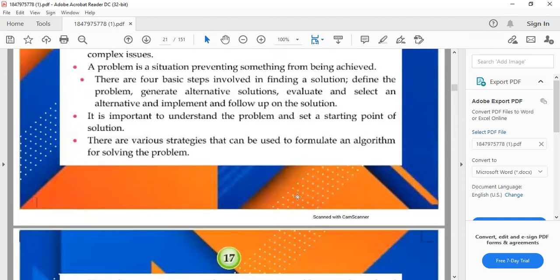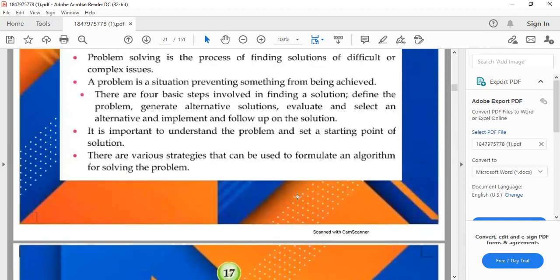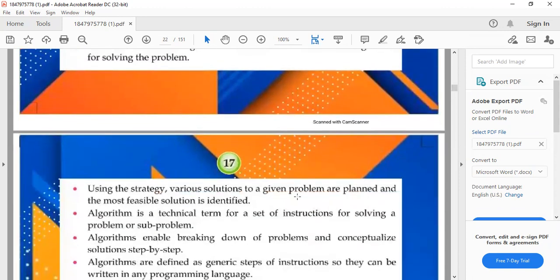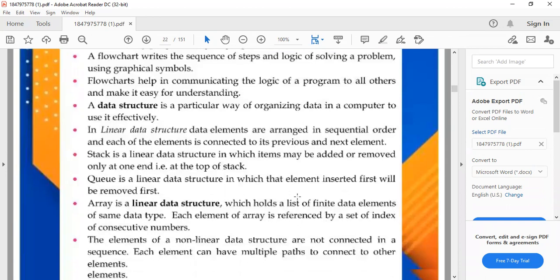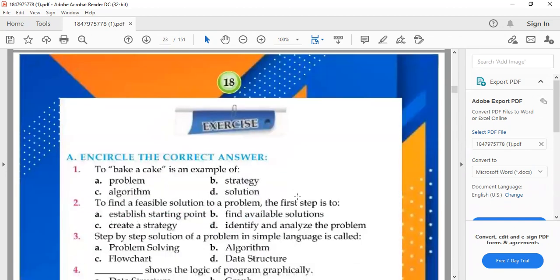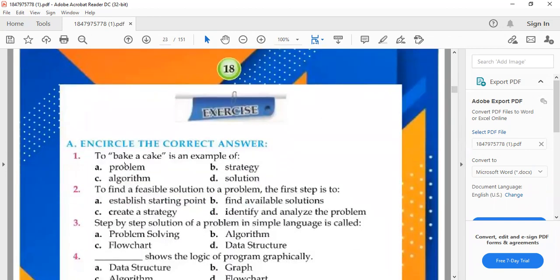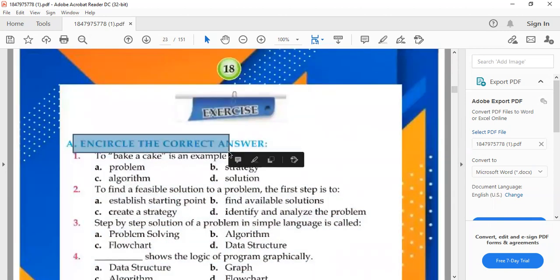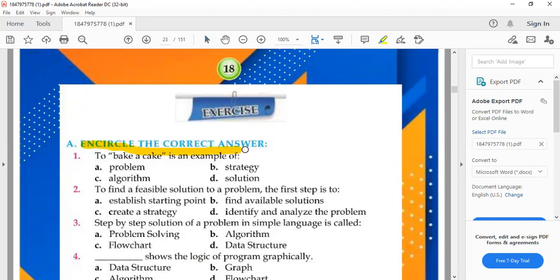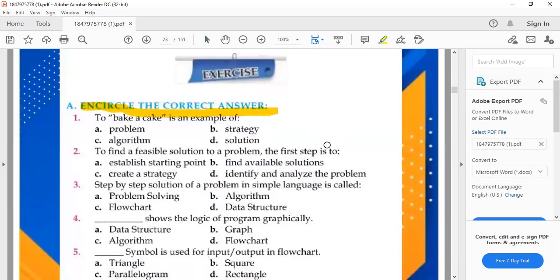So this is all for today. We have covered the first chapter, and if there is any query, you can ask me, and the questions which were left. One thing I need to mention is that you need to complete this exercise, as we have covered the chapter.